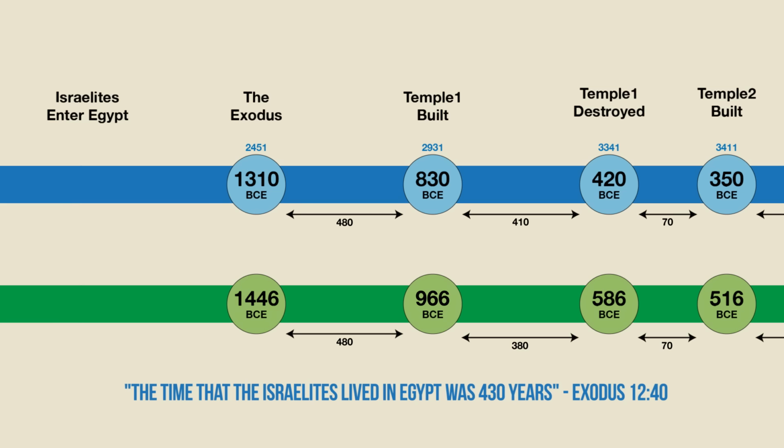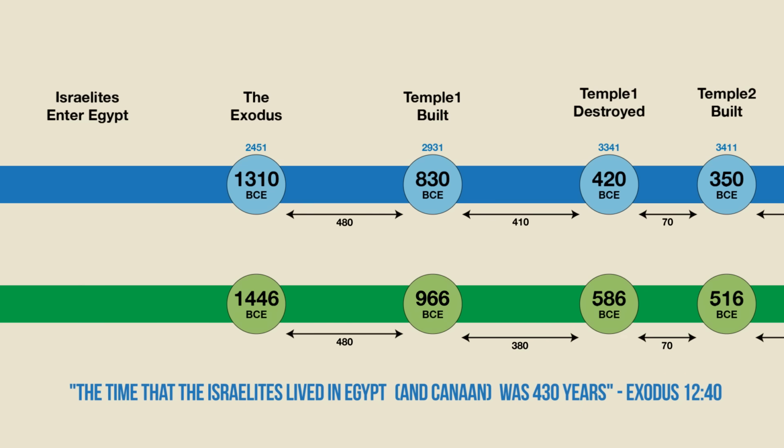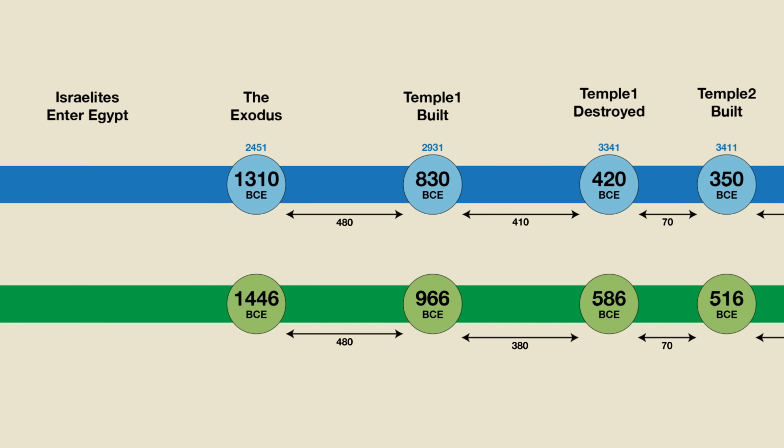However, according to the early rabbis, this verse should actually read, "The time that the Israelites lived in Egypt and Canaan was 430 years." So according to the Jewish chronology, the Israelites were only in Egypt for 215 years, with the other 215 years representing the time between Abraham's arrival in Canaan and Jacob's departure to Egypt.